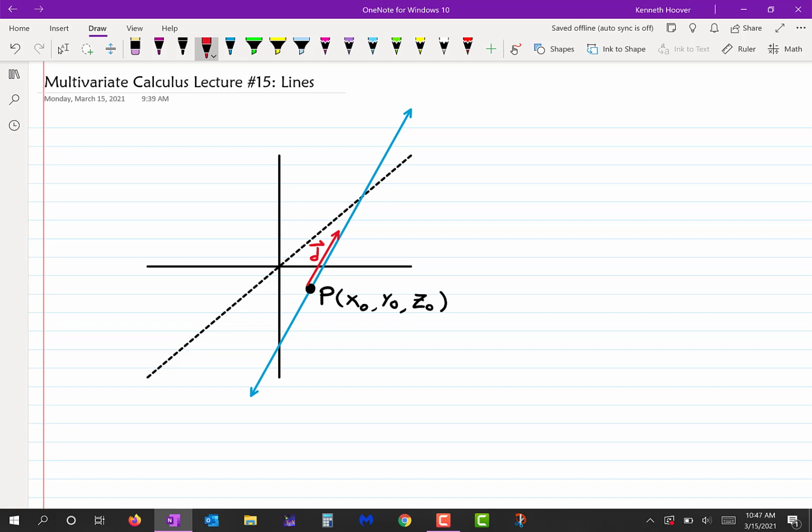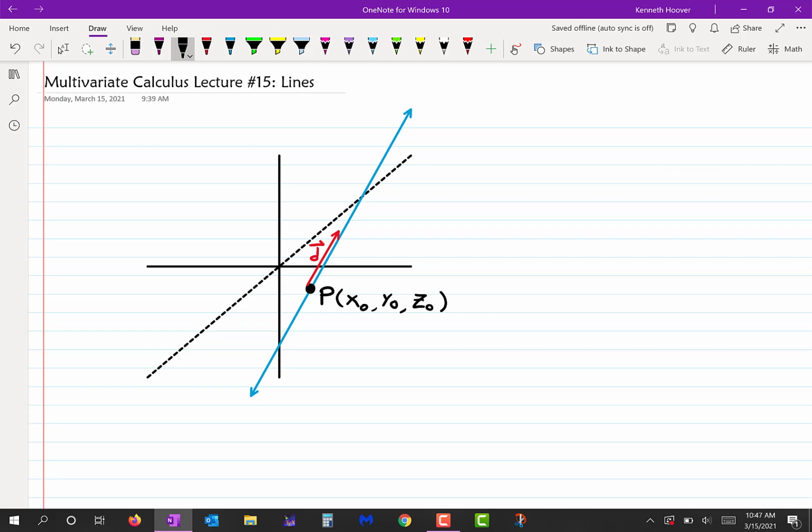Okay? However, let's be a little bit more careful here. How do you add a vector to a point? You can't do that, can you? So we need to do something a little bit different. We can't add a vector to a point, but we can add a vector to a vector.